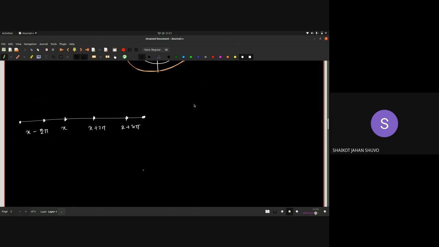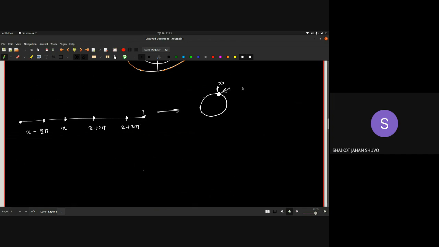And that's why people glue these points together. So if you take this point and glue it together, you get a circle. This is the only x. And all these points over here are the same thing as this point over here as well.